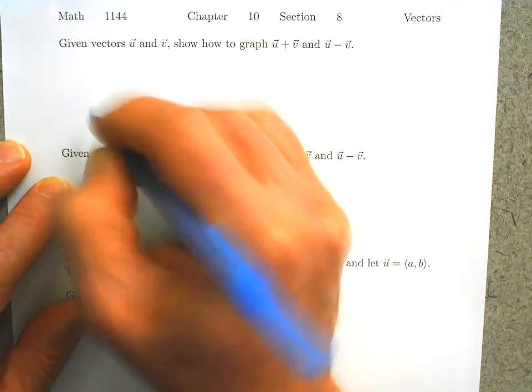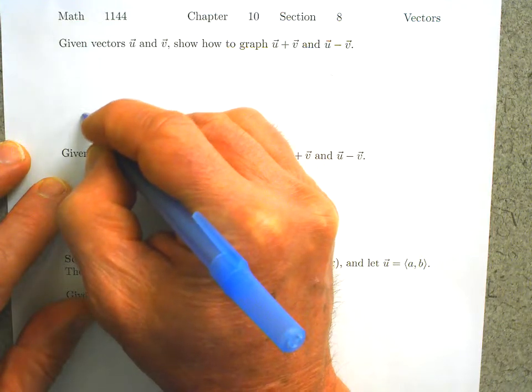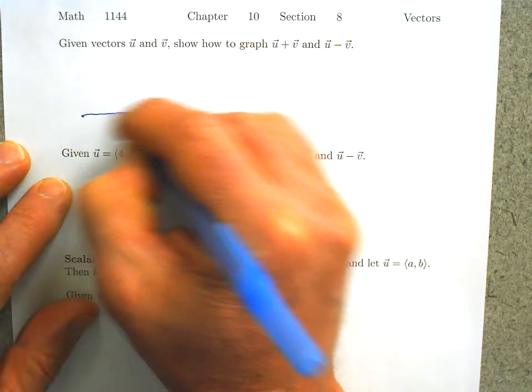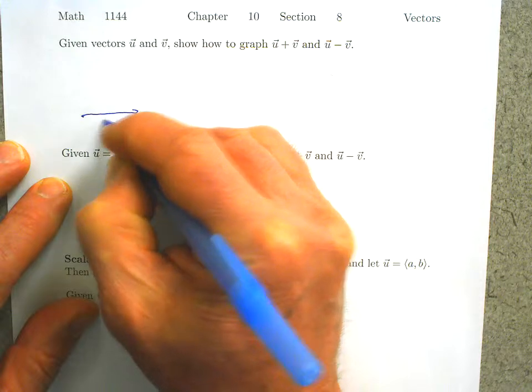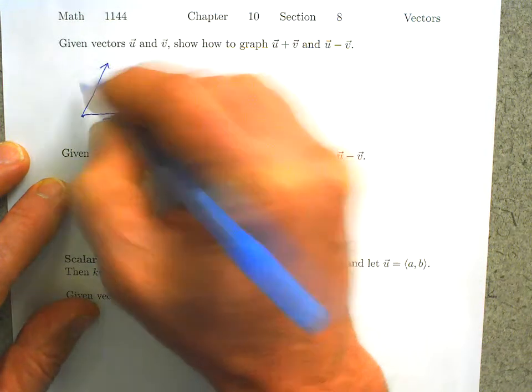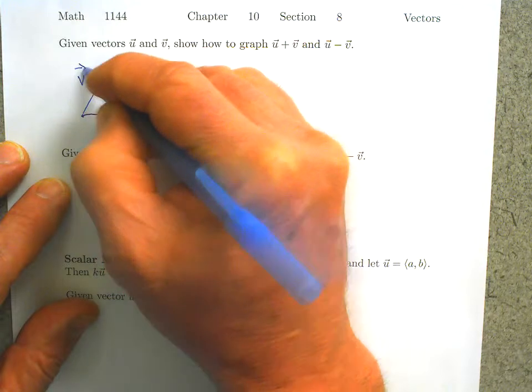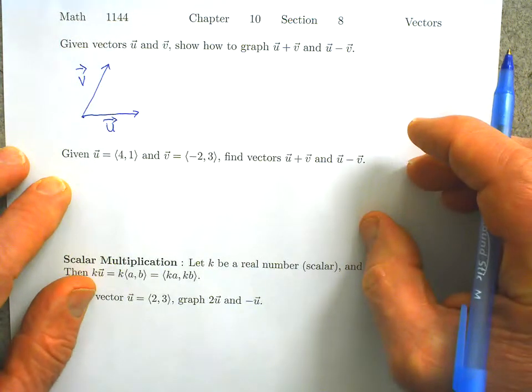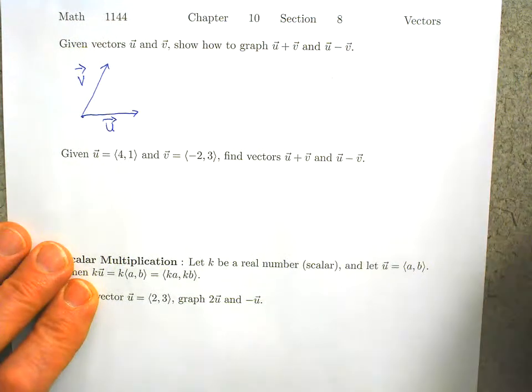So on this one, let's suppose we have vector u here and vector v there. So how do we graph u plus v?